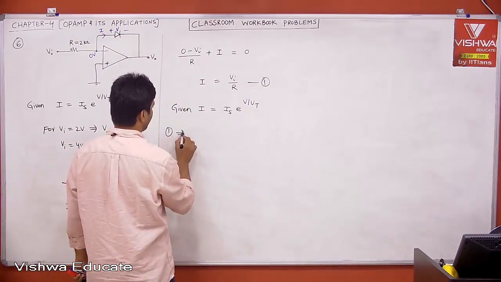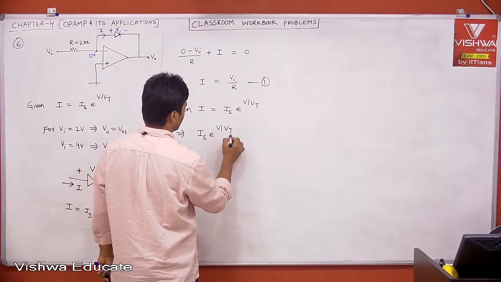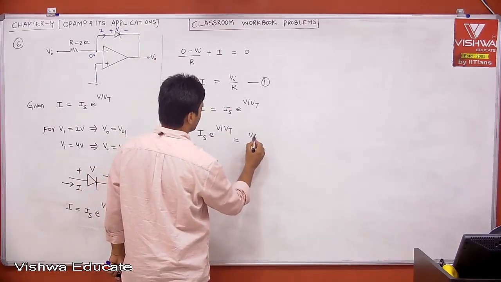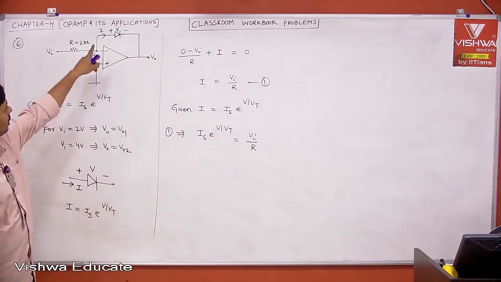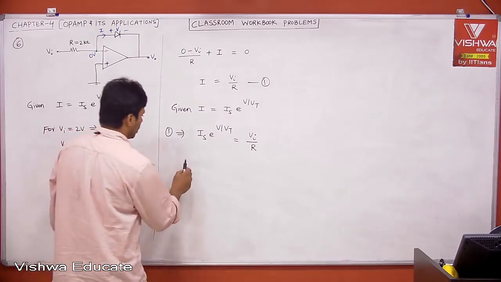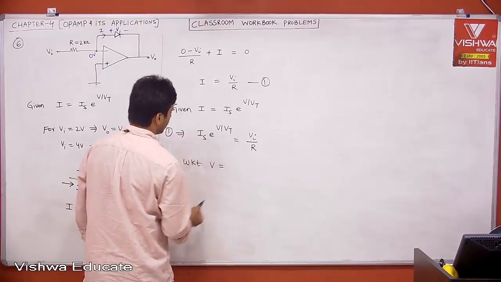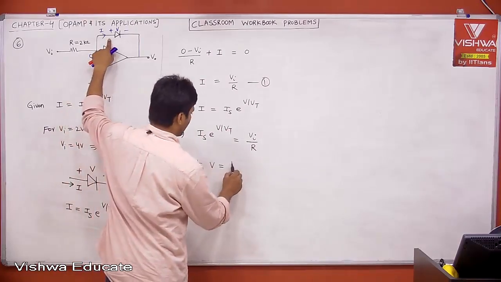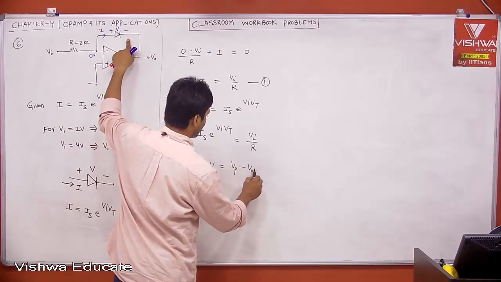Equation 1 implies Is into e to the power of V by Vt is equal to Vi divided by R. What is V? Voltage across PN junction diode. We know that V is nothing but voltage at P minus voltage at N. That is the drop across the PN junction diode, right?